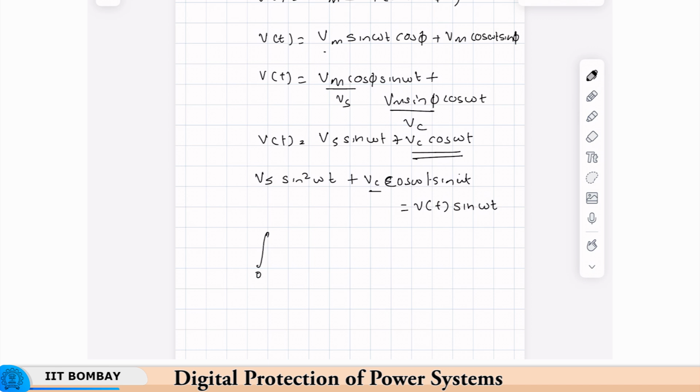What we will do is, if the time period is T, then we will integrate this whole thing: integral from 0 to T of sin square omega t dt, plus integral from 0 to T of Vc sin omega t cos omega t dt, is equal to integral from 0 to T of Vt sin omega t dt.